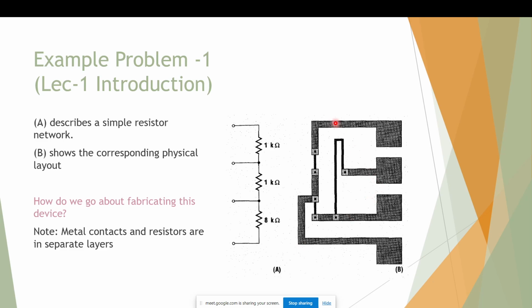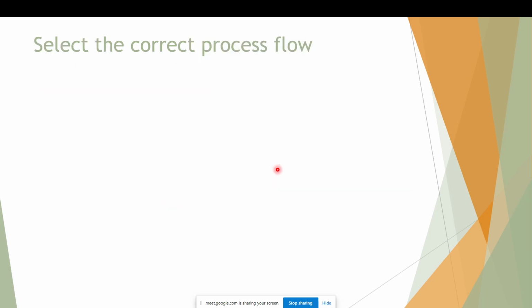How will I go about doing it? This is not just for NNFC; for any clean room fabrication, what is the process flow for fabricating such a device? Let us look at it. I made it as a type of multiple choice question. The first option is we clean a silicon wafer. So we take a silicon wafer. That is the basic step.